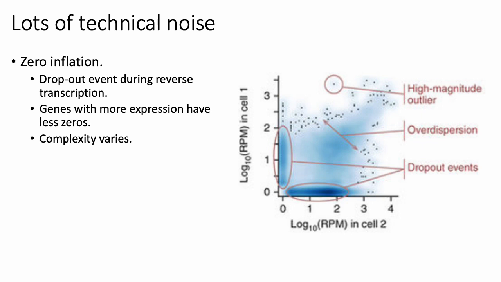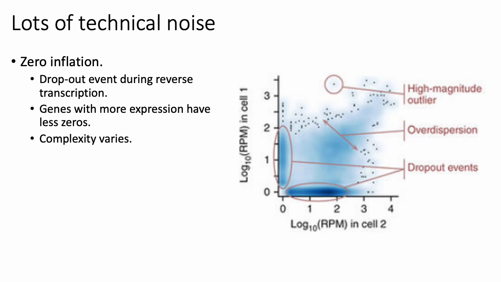Furthermore, you can see two bands on the axes, one on the x-axis and one on the y-axis. What these bands represent is basically zero inflation or dropout events, where, for example, the band on the x-axis represents a whole bunch of genes where there was some non-zero expression measured in cell 2, but you measured zero for all of those genes in cell 1.